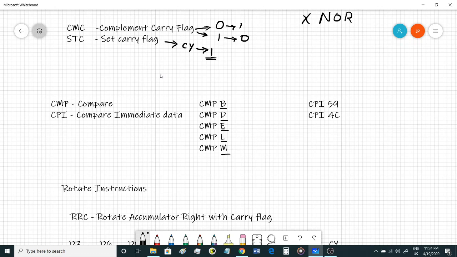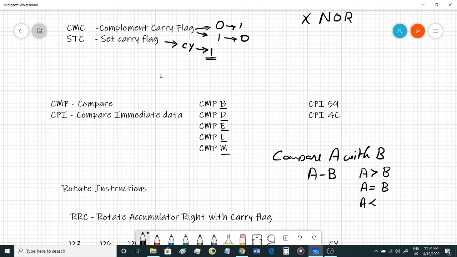When you are comparing A with register B, there are three conditions: A is greater than B, A is equal to B, or A is less than B.